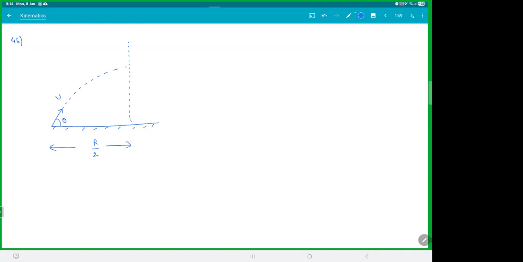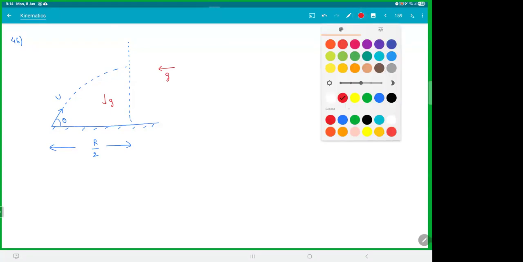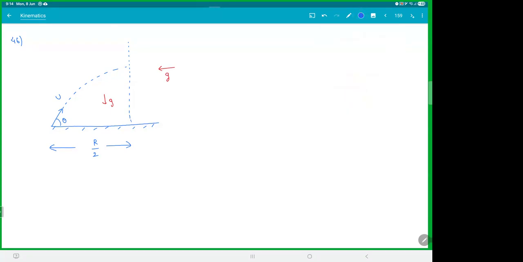So same stuff. We projected a particle with this. The gravity is g, and this time the gravity became horizontal. We have a really weird planet. The gravity just changed its direction. The gravity on the right side of R by 2 becomes minus g i cap.